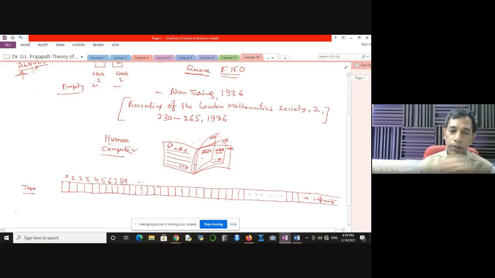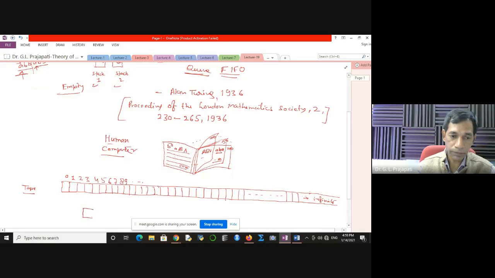Now this is one restriction: instead of having multiple lines or multiple dimensions, you have a one-dimensional tape here. And for this tape, we have one read-write head, the tape head.